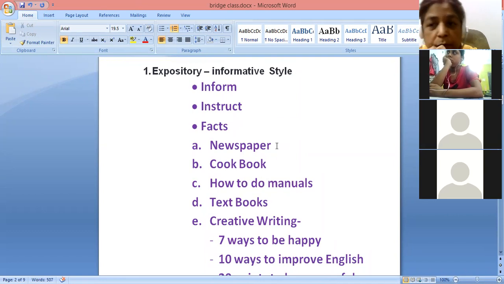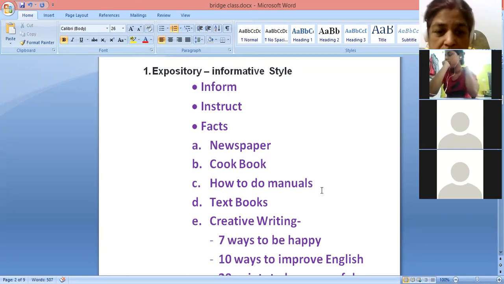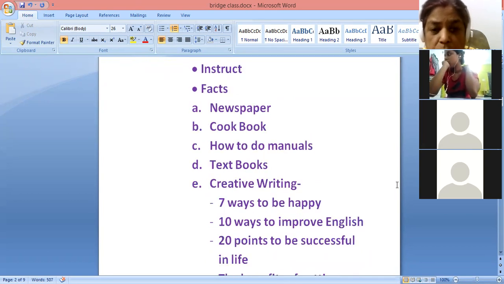And then when we are using a cookbook, how to make a pickle or how to make a vegetable biryani or whatever, they will give you the instructions and tell you how to do it. And then how-to manuals.